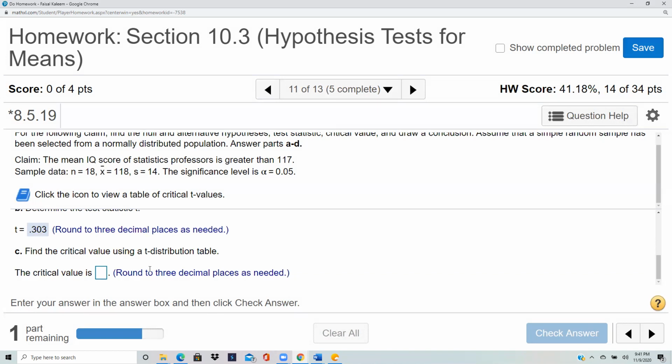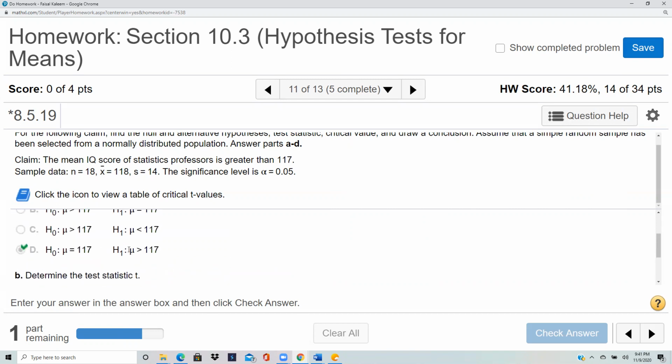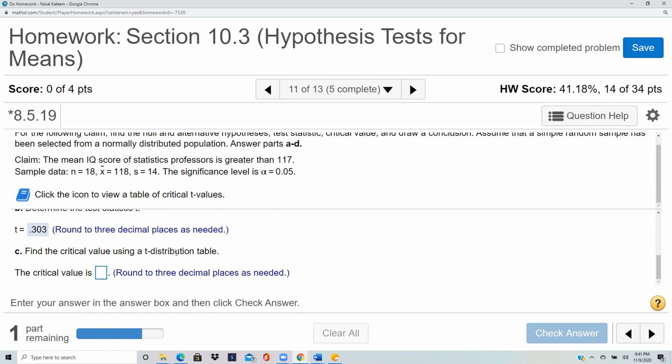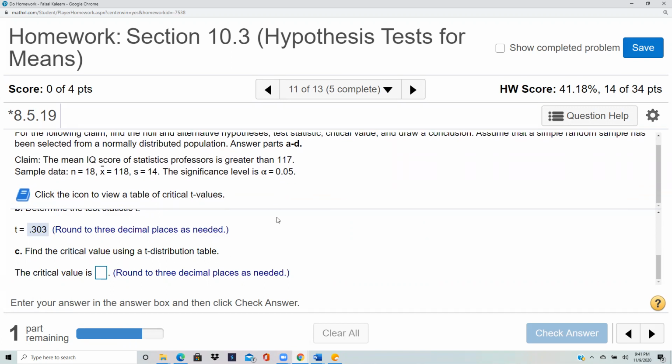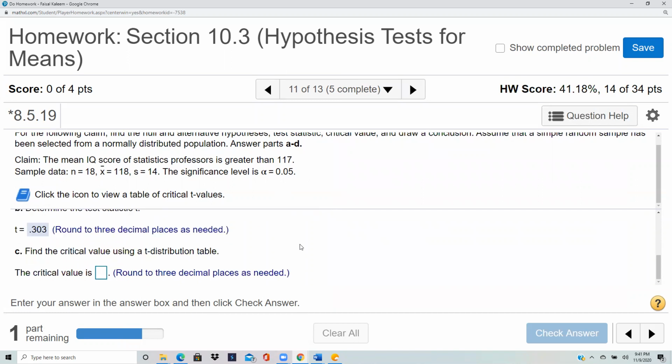Critical value is done through the calculator, and we're in a T situation, so we use the T calculator. Okay, and it's a right tail. So where's alpha? I don't see it. Oh, okay, alpha is 0.05.